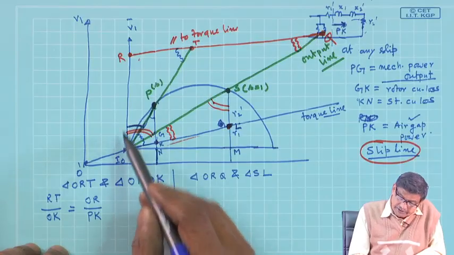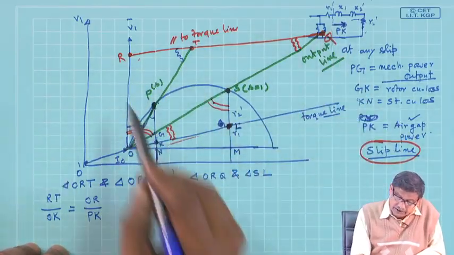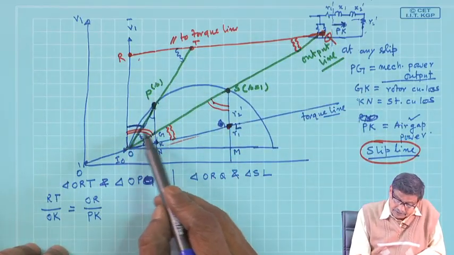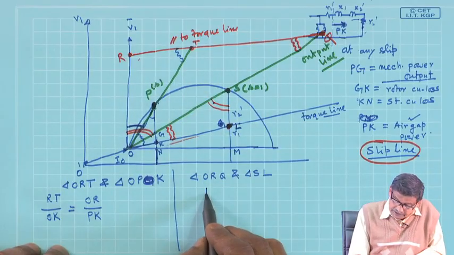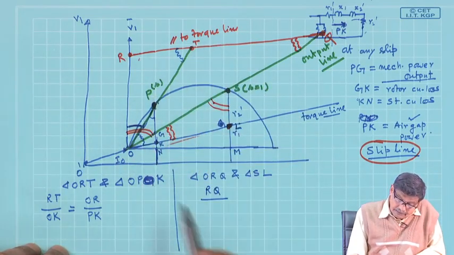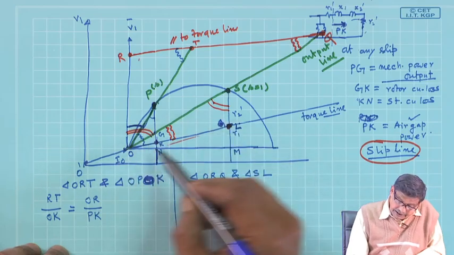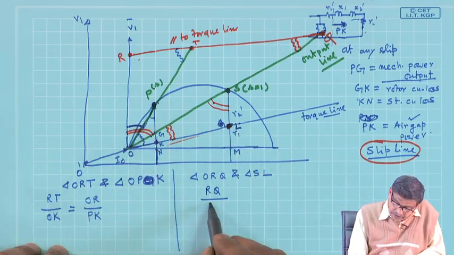Therefore, first the big triangle, triangle ORQ, this angle you take, opposite to that is RQ, divided by, in this triangle it will be equal to OL.